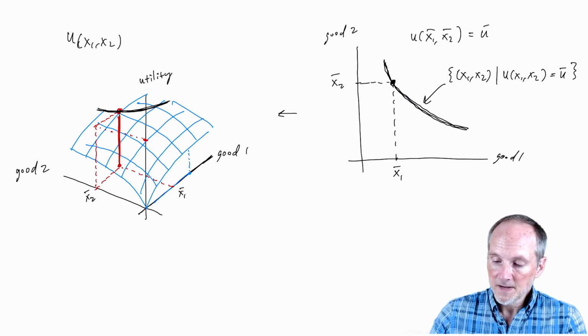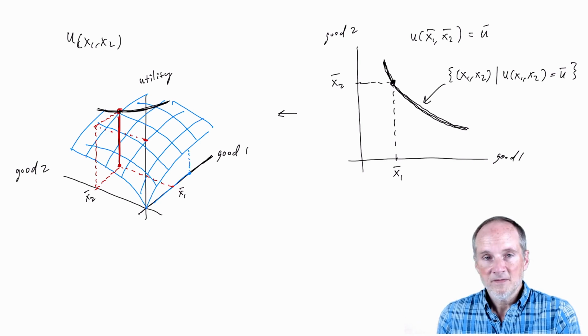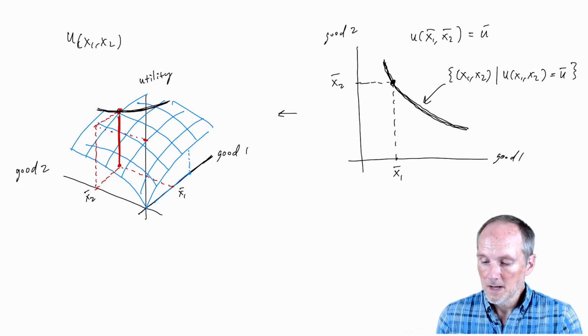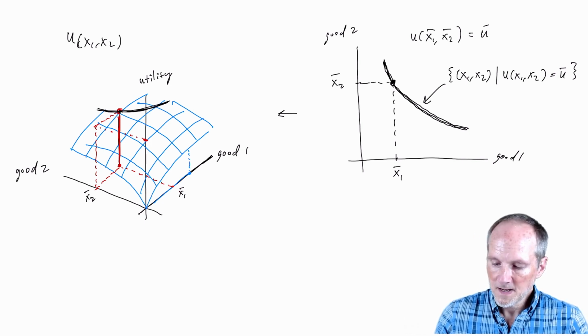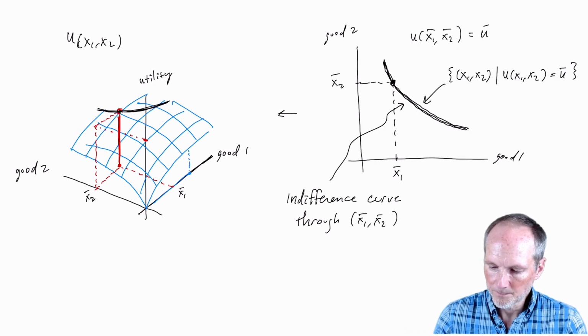Since these all have the same utility as x1 bar, x2 bar, that means the consumer doesn't have a preference between them. She's indifferent over all those bundles on that curve. So we call this the indifference curve through the bundle x1 bar, x2 bar.